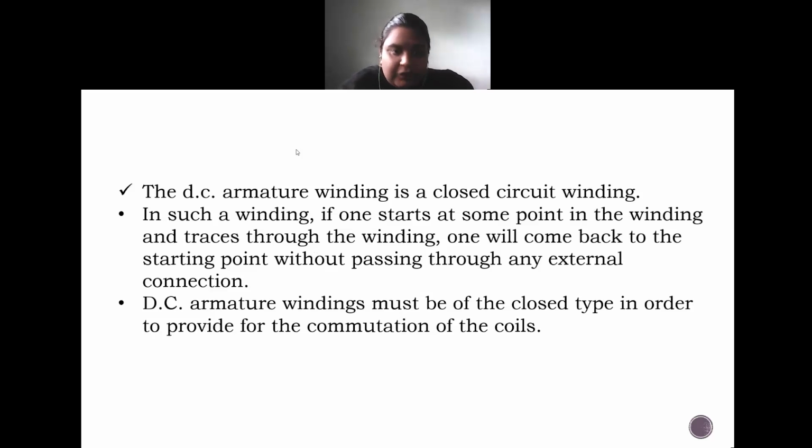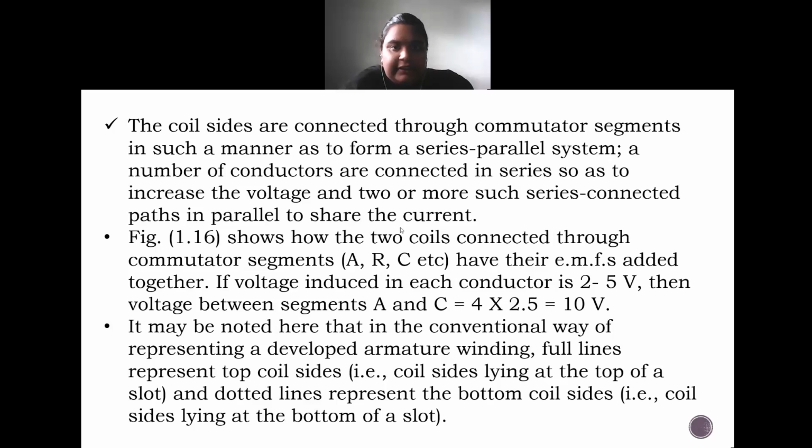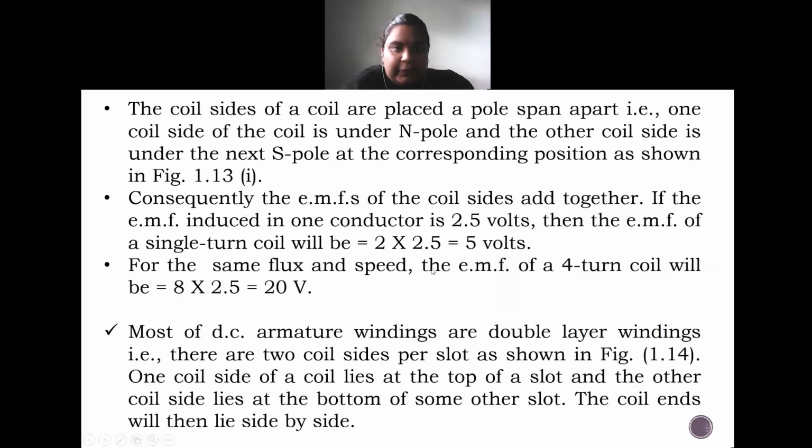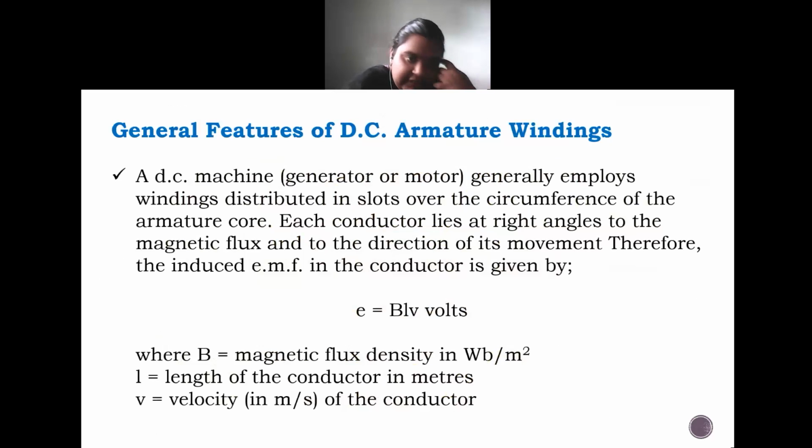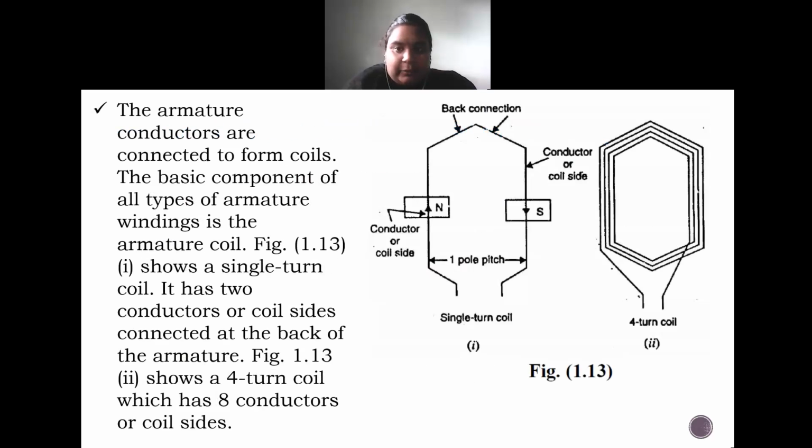So these are the general things which we need to understand for the DC armature windings. Basically, we have seen the amount of voltage generated in the armature winding, and we have seen different types of armature windings, the single turn coils as well as the multiple turn coils.